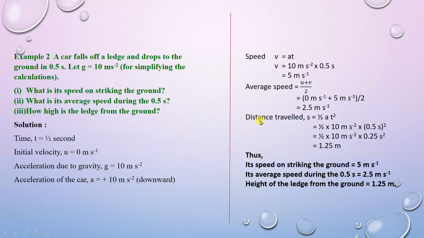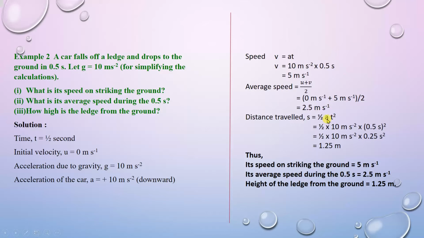And the last is how high the ledge is, meaning the distance travelled by the car which is falling. So we are taking the formula, the second equation of motion, s equal to ut plus half at square. Okay? So here u is already 0, so we are neglecting it and taking only the second term of that equation, that is half at square.